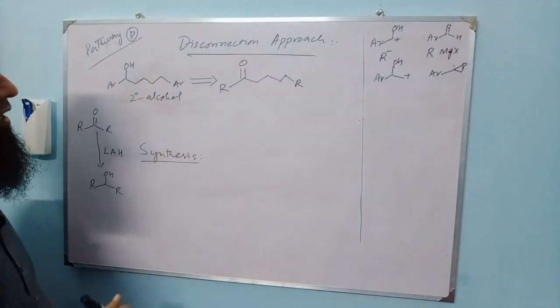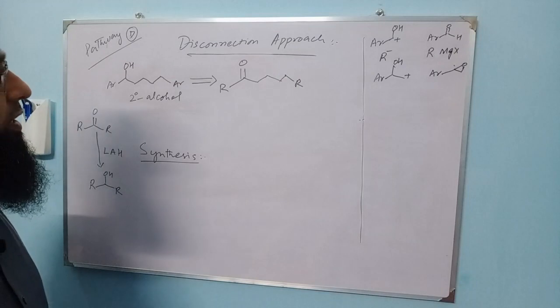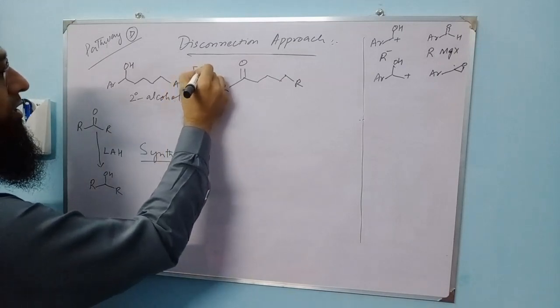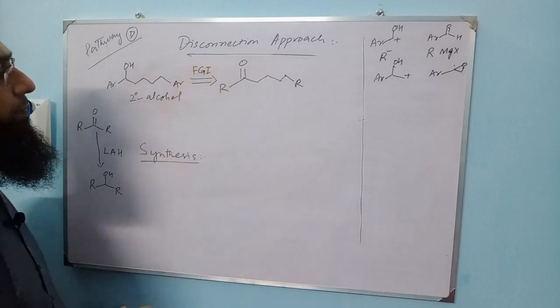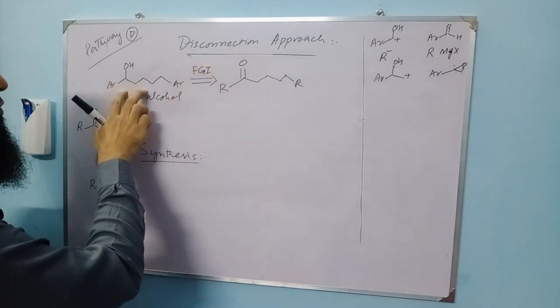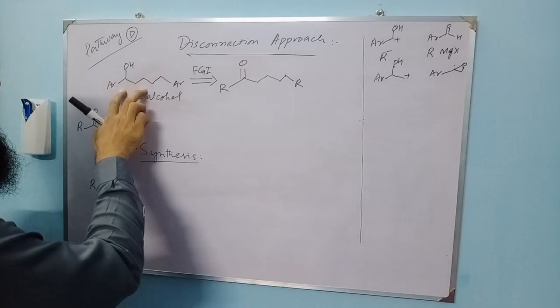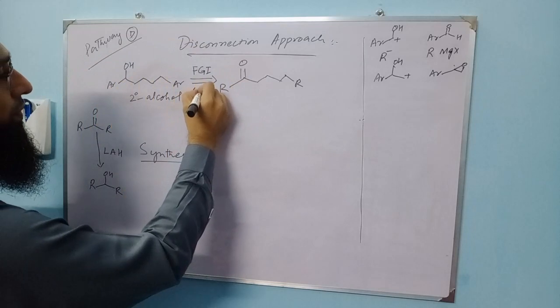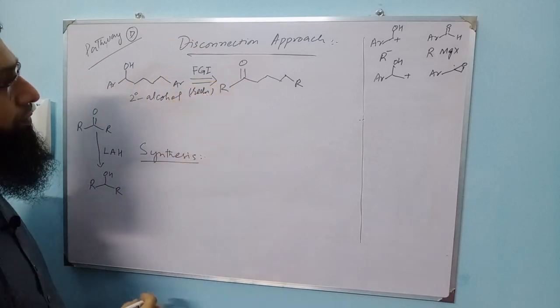This process, in which one functional group is converted into the other functional group, is called functional group interconversion. And which reaction is this? We would get this alcohol by the reduction of this ketone. So this reaction would be reduction.